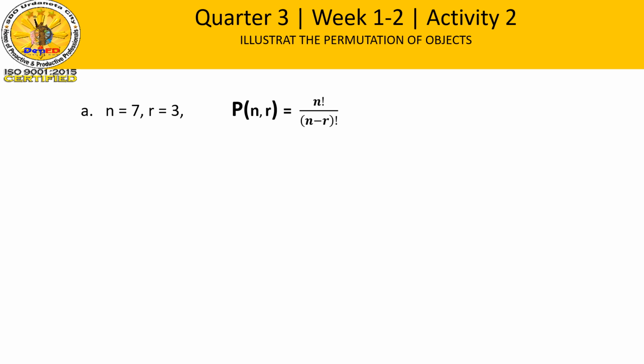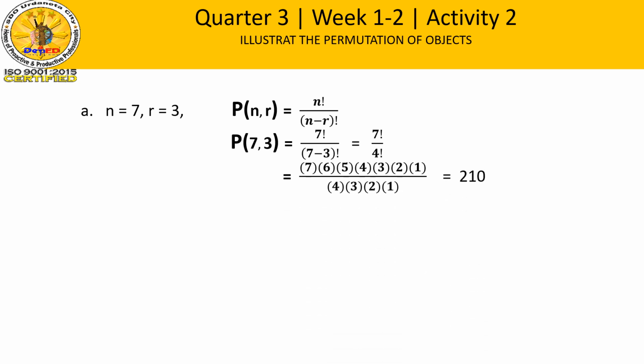Here we are using the equation, the permutation of n taken r at a time is equal to n factorial divided by n minus r factorial. So we have 7 factorial divided by 7 minus 3 factorial. So we have 7 times 6 times 5 times 4 times 3 times 2 times 1 divided by 4 times 3 times 2 times 1, which is equal to 210.